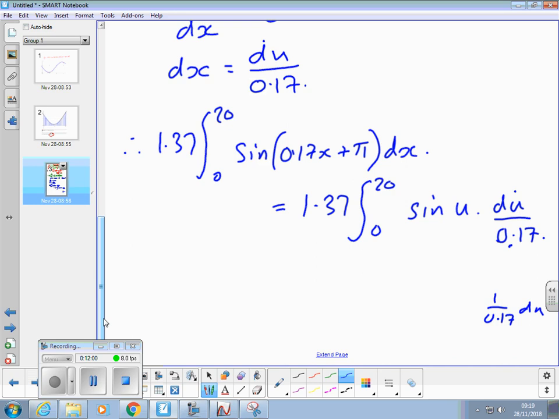Take them outside the integral. So that's equal to 1.37 over 0.17 times the integral of sine u du.